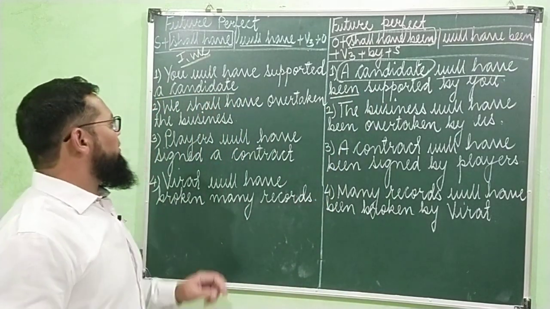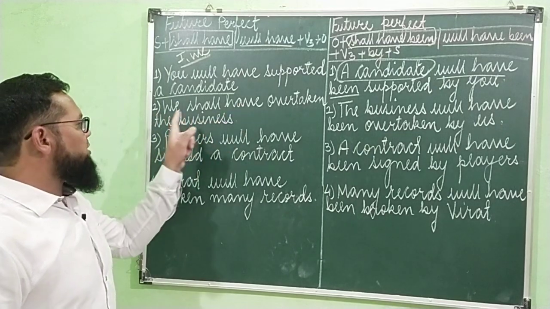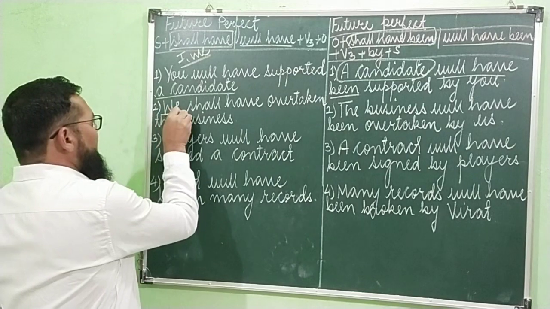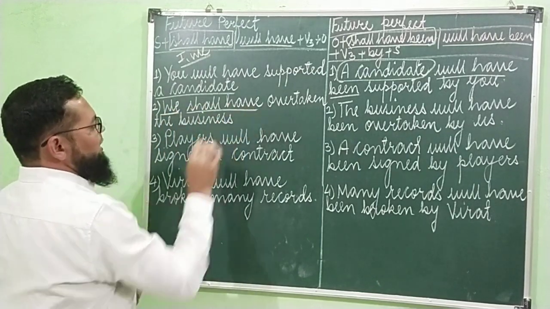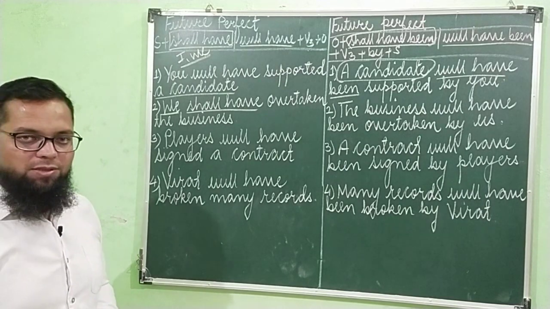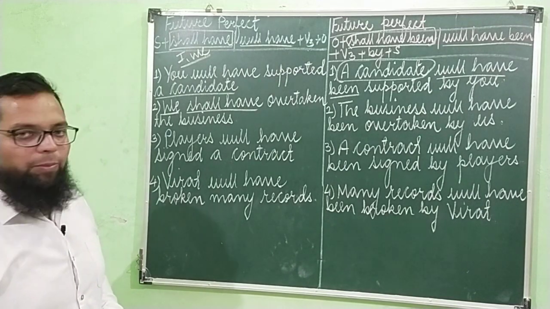Second example, we shall have overtaken the business. As I told you, with the subjects I and we, we have to use shall have as the helping verb. We shall have overtaken the business. What is the object? The business.